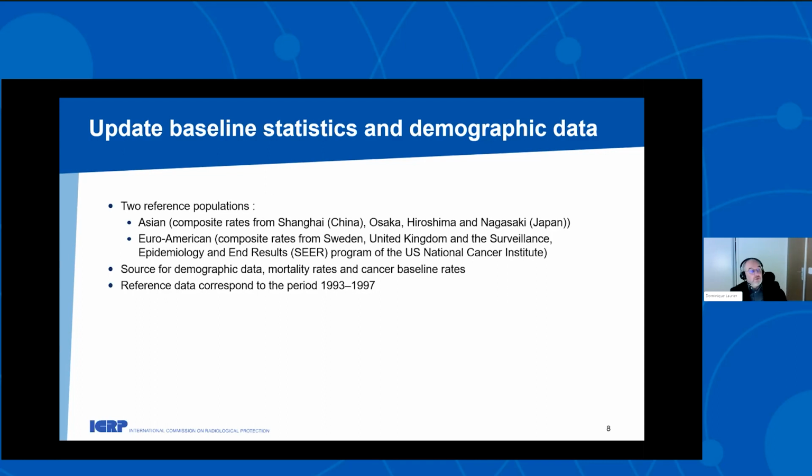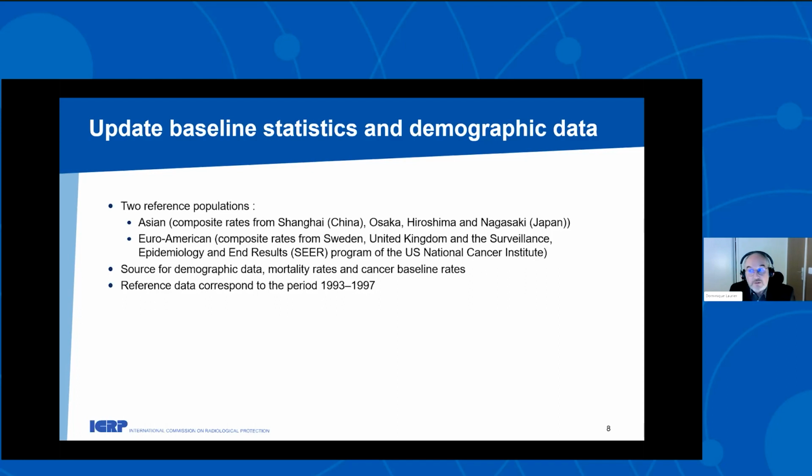These reference populations are the source for demographic data, mortality rates, and cancer baseline rates. But the reference data used in Publication 103 are the ones that were available at the time, and they correspond to the period 1993 to 1997, so more than 25 years ago.